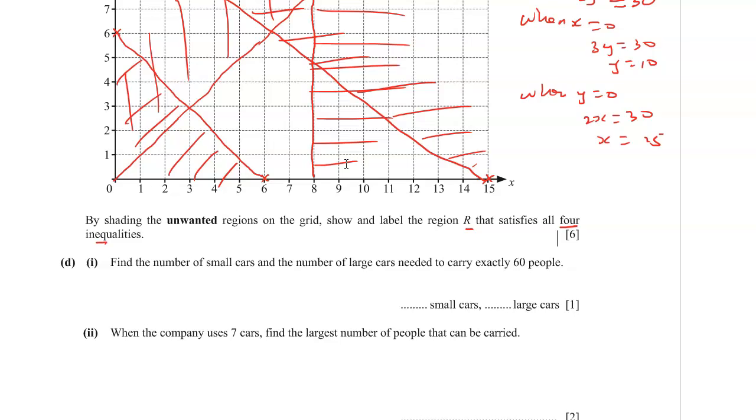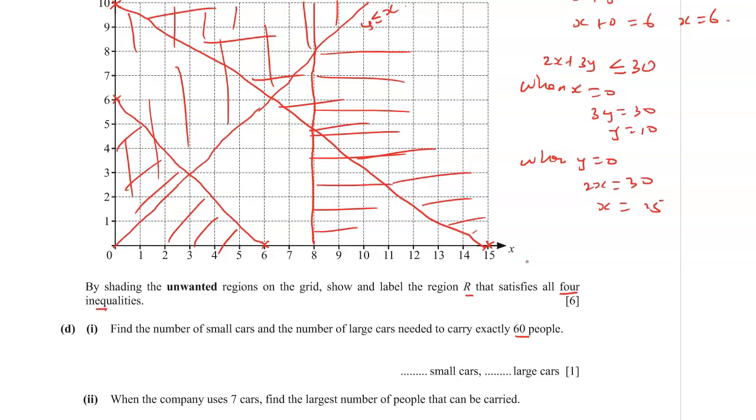Part D. Find the number of small cars and the number of large cars to carry exactly 60 people. 60 people. So they can be equal.